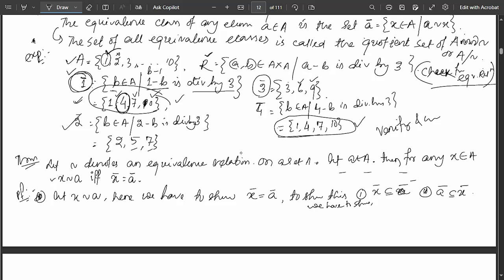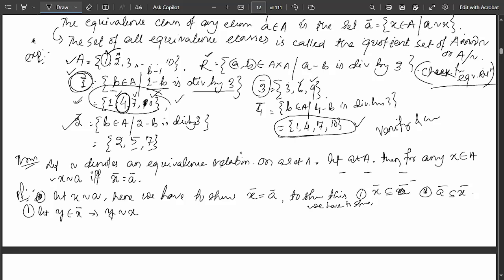So to show the first condition, I am taking an element, let some y belong to x bar, the equivalence class of x. That implies that y forms an equivalence relation with x.